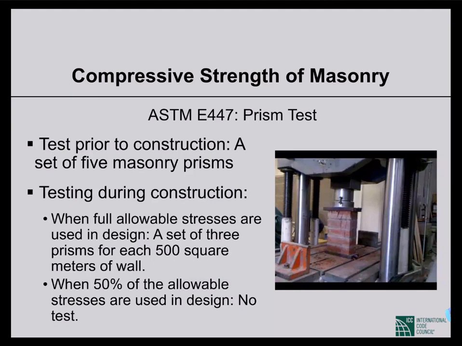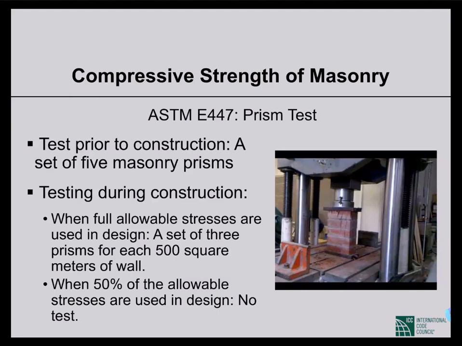Usually 5 bricks are placed with bed joints. So using a UTM or any compression testing machine, we can apply compression, and we can determine the strength, which is fm prime, the 28-day strength of masonry.